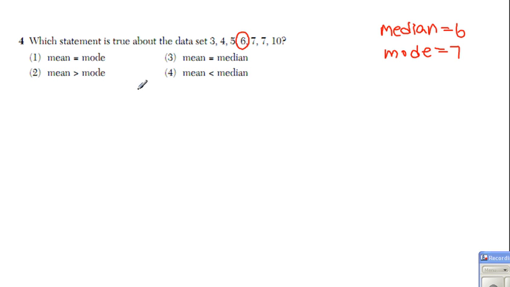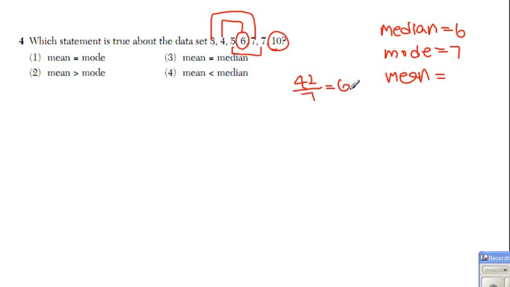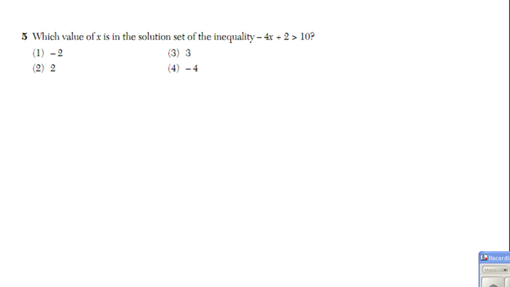Okay, we don't have that choice yet. So I guess we have to find out what mean is. In order for us to find what mean is, we need to find the basically average. Here we have 10, 20, 30, 42. So 42 divided by 7 becomes 6. The mean and the median, these are equal to each other, which means choice number 3 will be our answer.